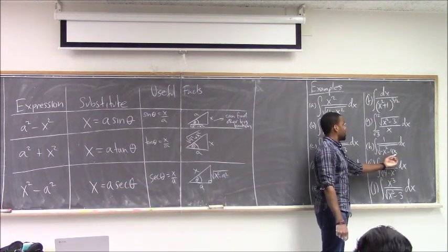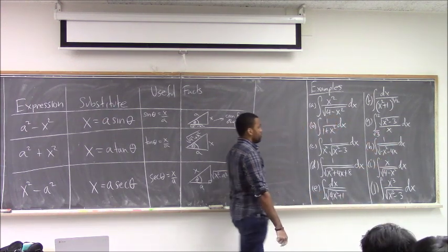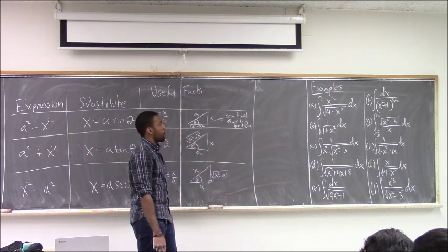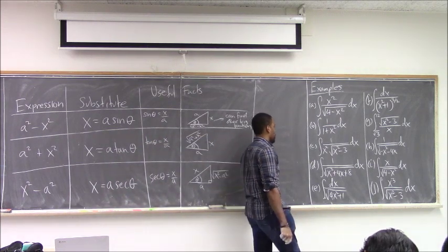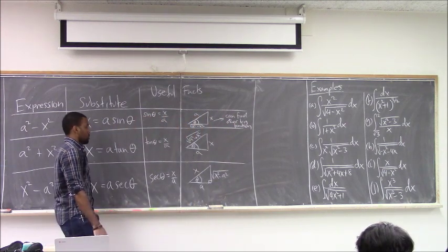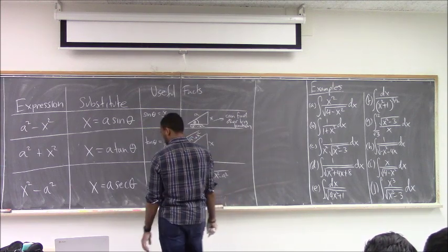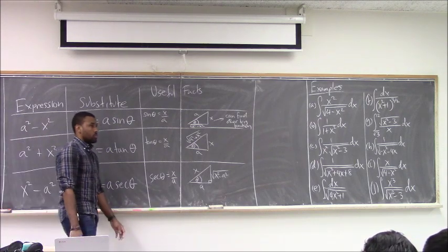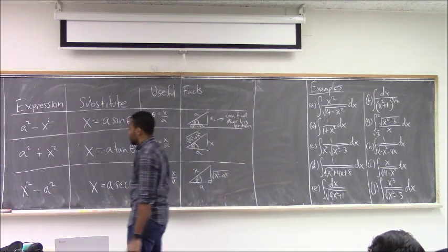Yes, minus 4x. So it's 1 over the square root of negative x squared minus 4x. We all have this too.